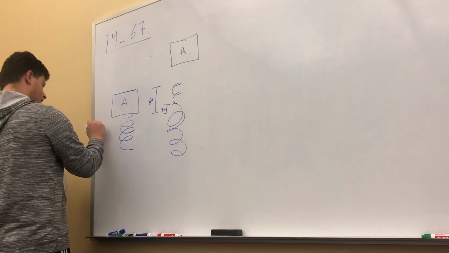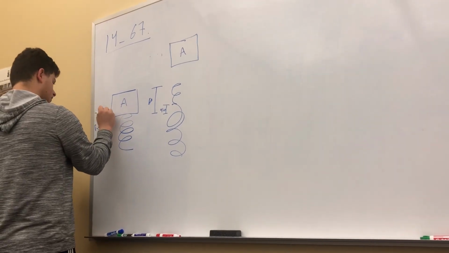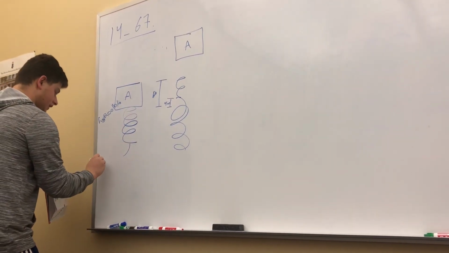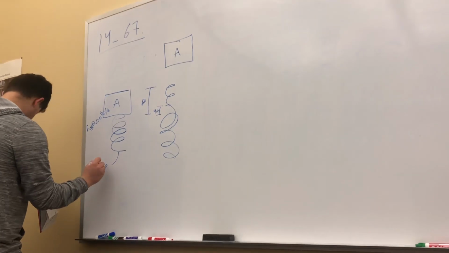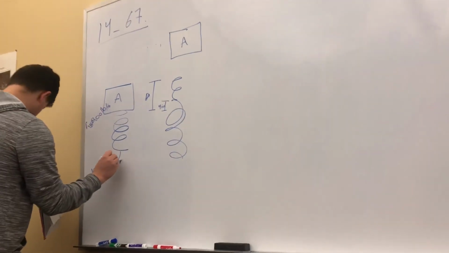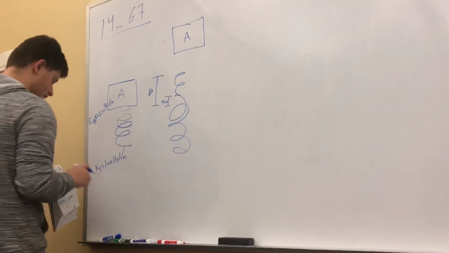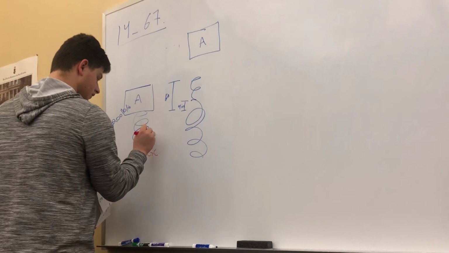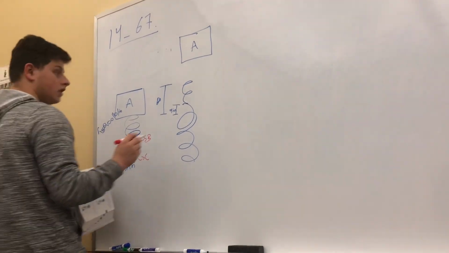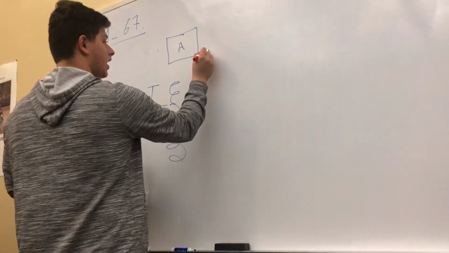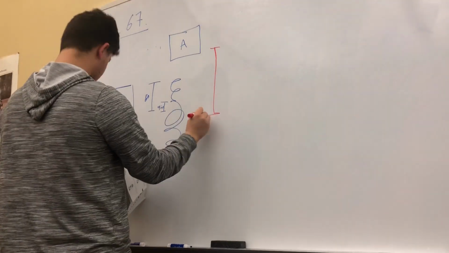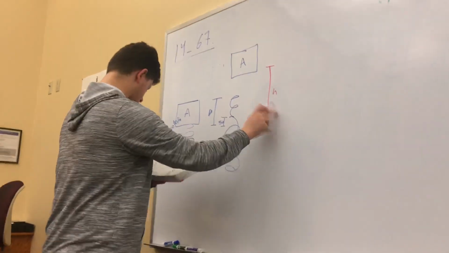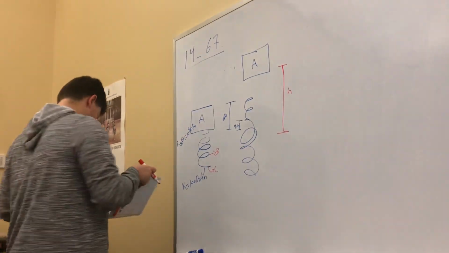We've got K of B equal to 200 pounds per inch, and K of C is equal to 100 pounds per inch. This is C, this is B, and here we have the height between this and the middle of this, which is the unknown. We have to find our maximum height, which is this, when it will rise.